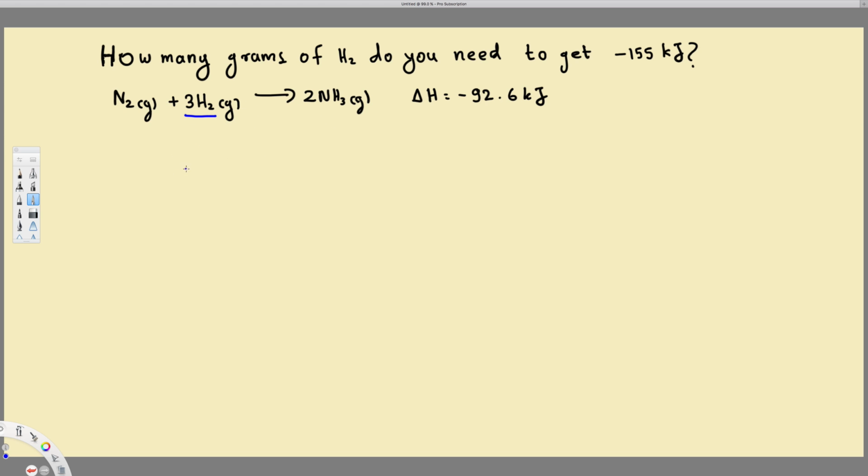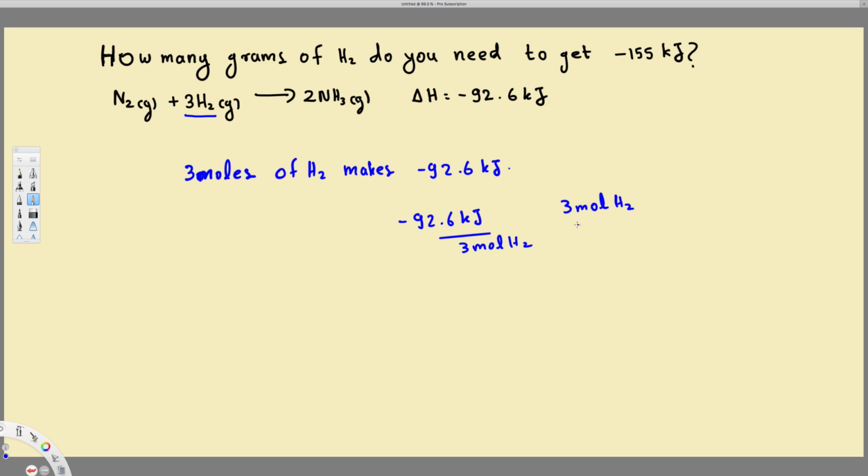So we know that 3 moles of H2 makes negative 92.6 kilojoules, right? So we can write this expression as negative 92.6 kilojoules per 3 moles, or we can say 3 moles of H2 per negative 92.6 kilojoules.